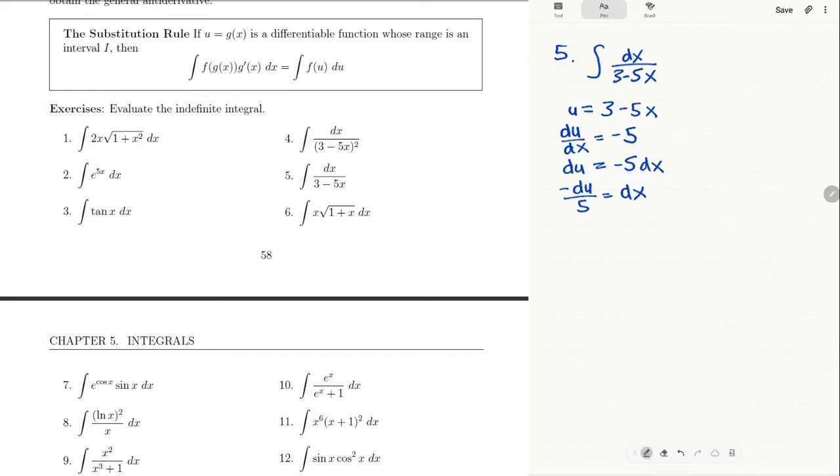Now if we substitute this into our integral, we get the integral of 1 over u times negative du over 5. We can move the negative 1 over 5 outside of the integral. So we get negative 1 over 5 times the integral of u to the negative 1 du.